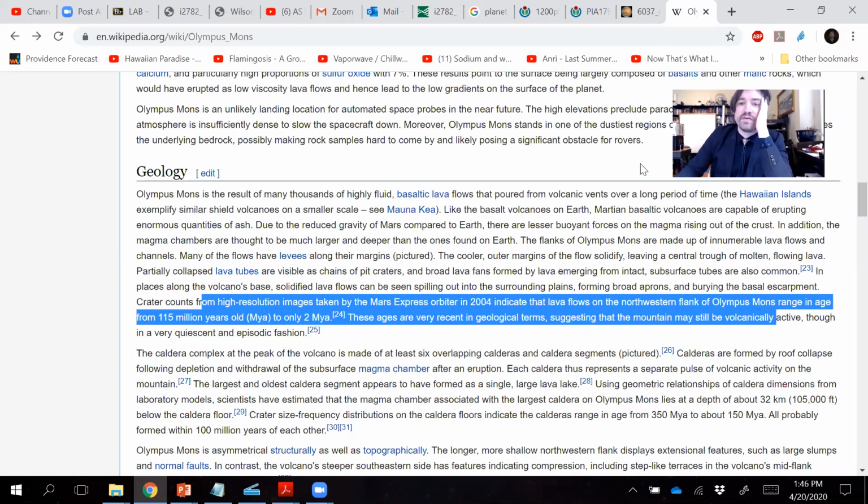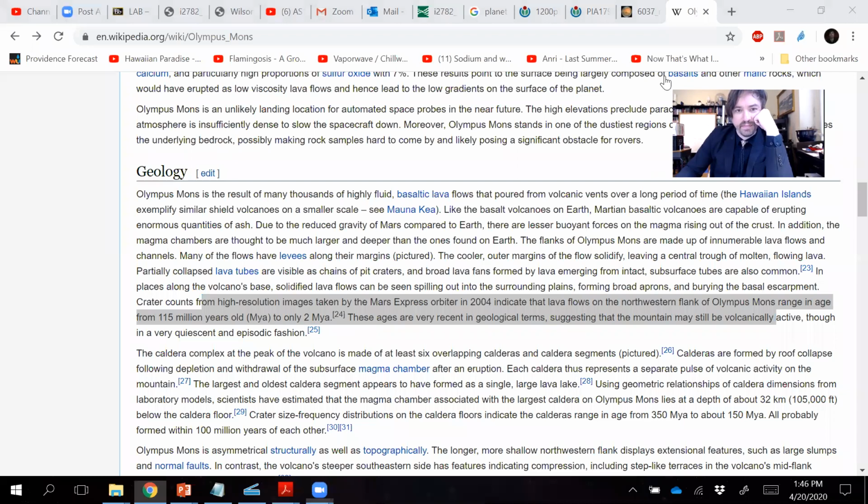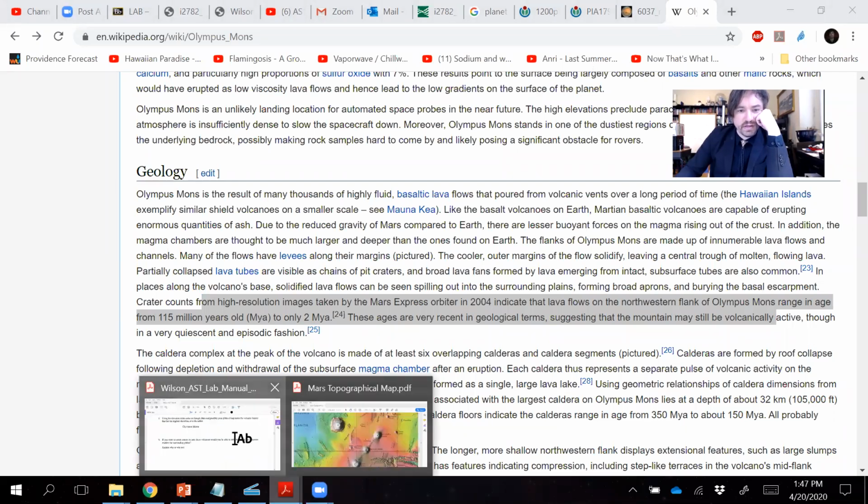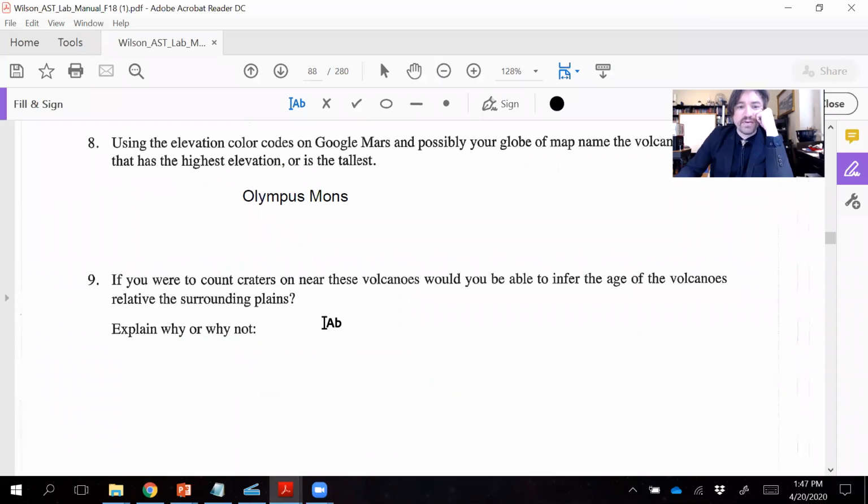So, what's the answer to that question then? The question we were trying to answer is this one: if you were to count craters on or near these volcanoes, would you be able to infer the age of the volcanoes? What's the answer? Yes.